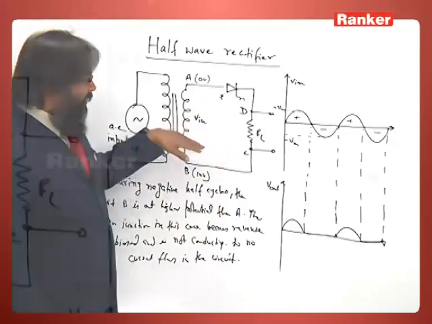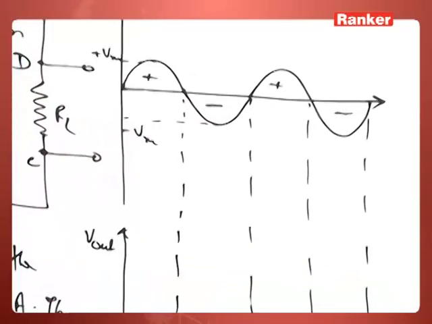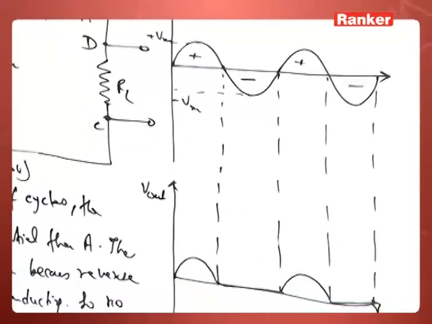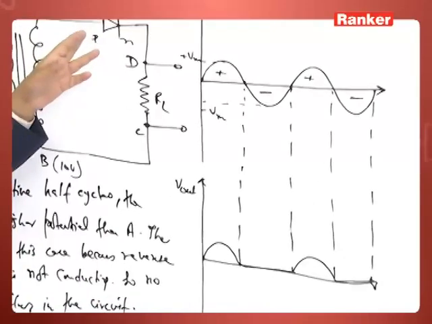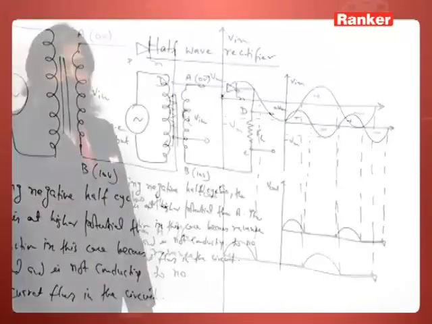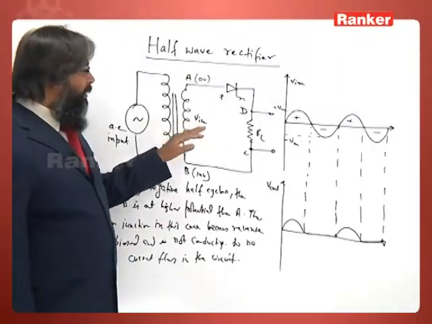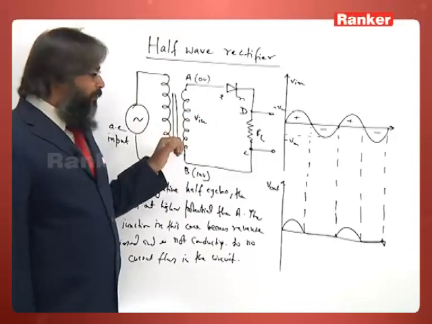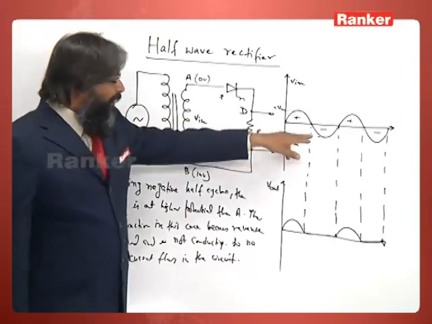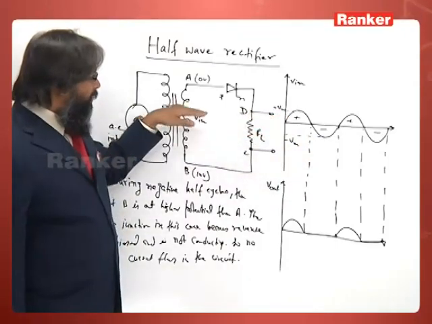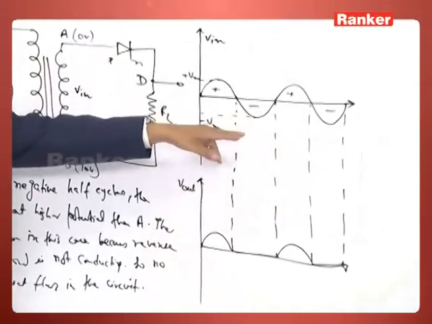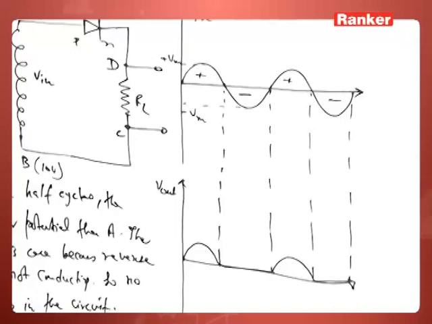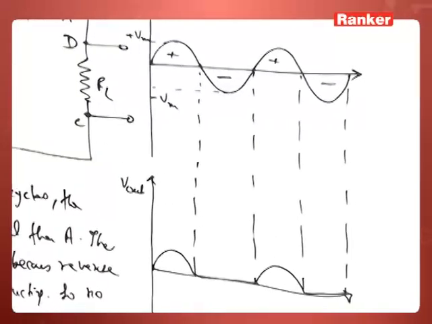If this voltage is more than the peak inverse voltage, then the junction will break down. So, while we do the rectification, we should keep in mind that the maximum reverse voltage should not be more than the peak inverse voltage.